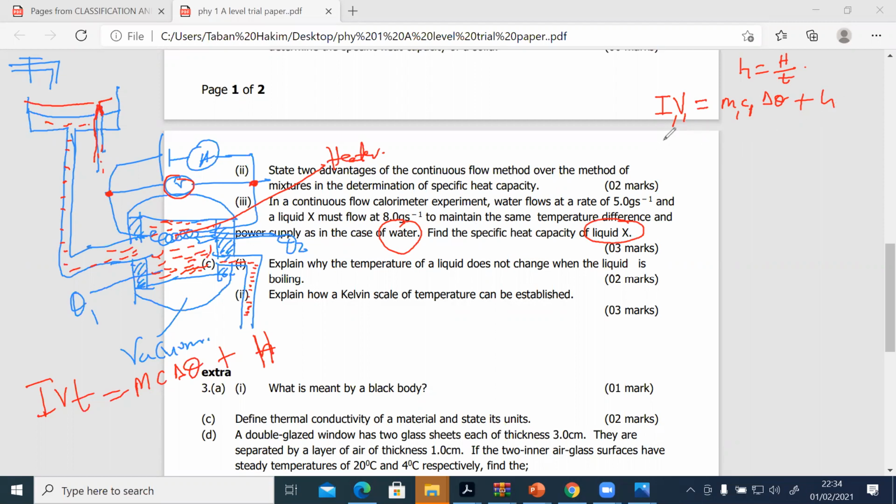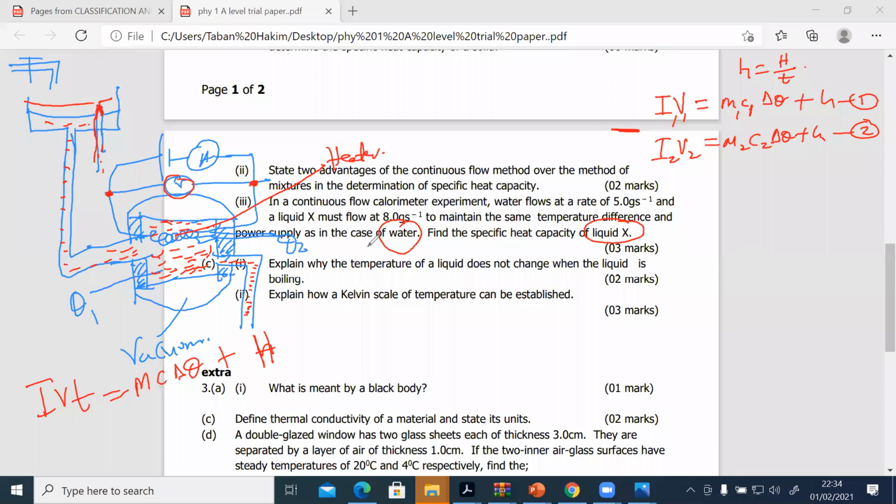Then for liquid X, I'll have I2, V2 equal to m2, c2, change in temperature, plus the h. And this is equation 1, this is equation 2. When you subtract these 2, you end up with I1 V1 minus I2 V2 equal to m1 c1 change in temperature minus m2 c2 change in temperature. And then the h cancels out.